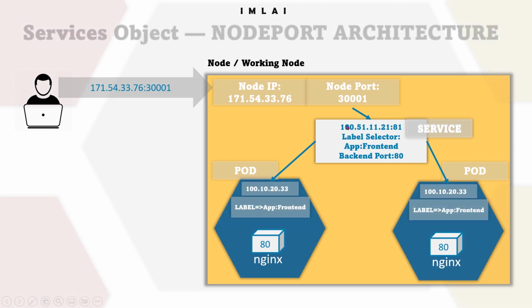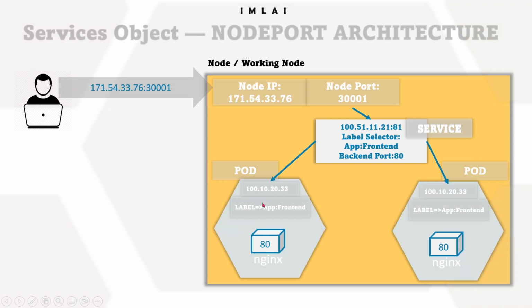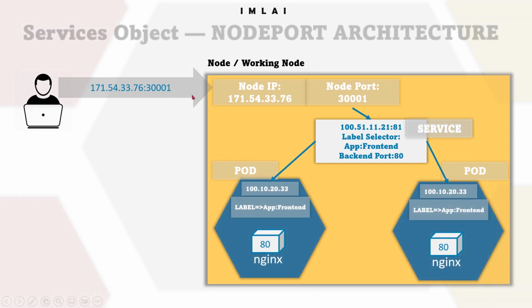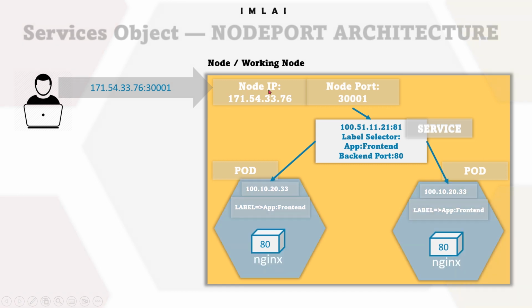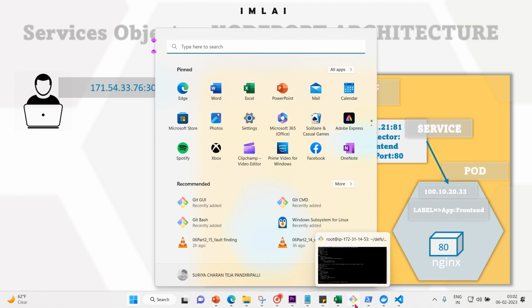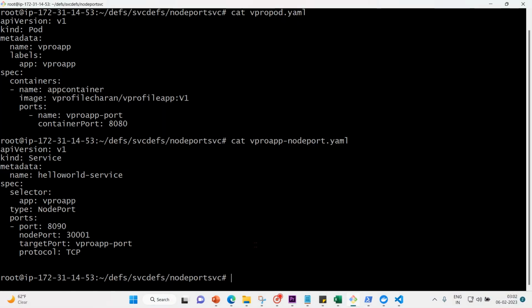That service will have a static IP, and then it will have a port, and this port will be mapped with the pod, and then the pod's port will be mapped with the container. So that's how from the external world, using a browser, using the node IP and the node port, you are able to connect to the container. So let's get back to the service again. Yeah, so I think it's clear.